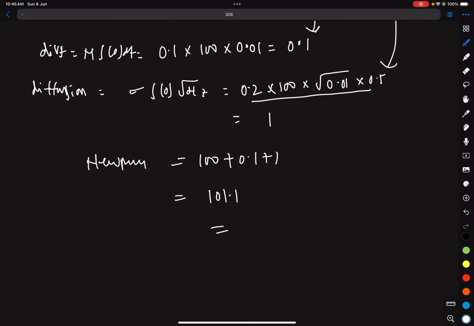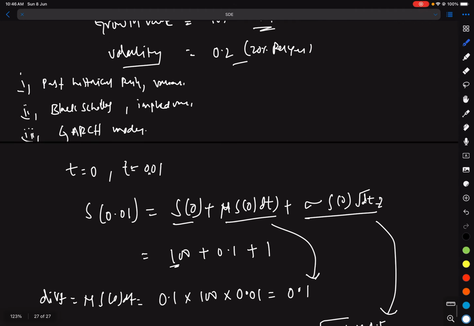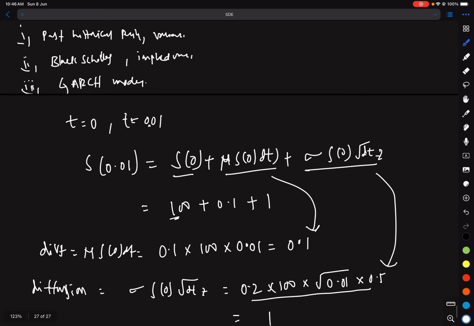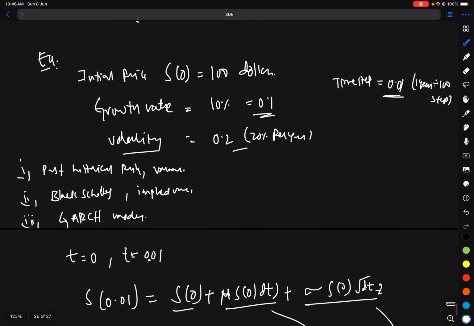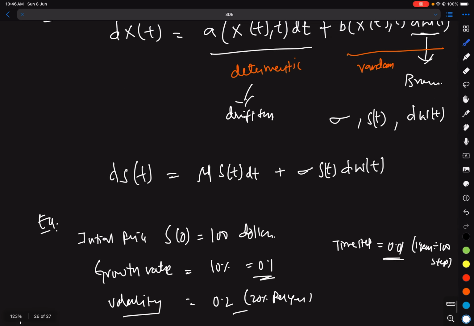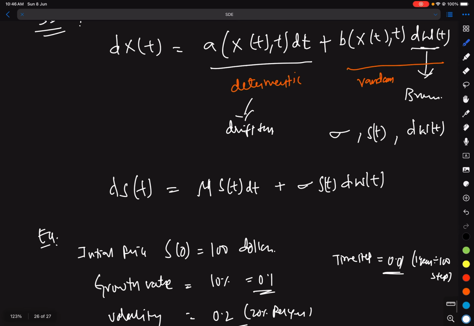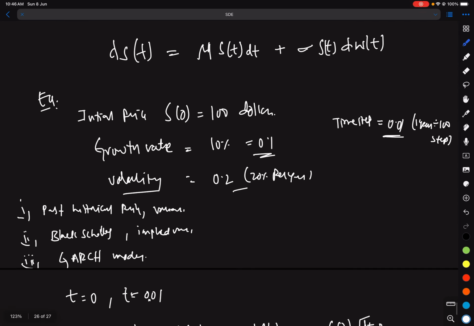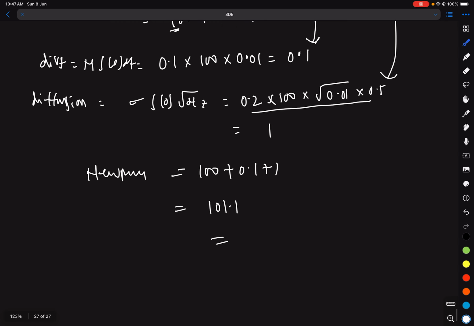This is how we calculate the stock price using this stochastic differential equation. I hope I have clearly explained the definition of the stochastic differential equation, what all the components inside it are, and how we calculate the Brownian motion. Once we have all these terms, we can calculate the new stock price.